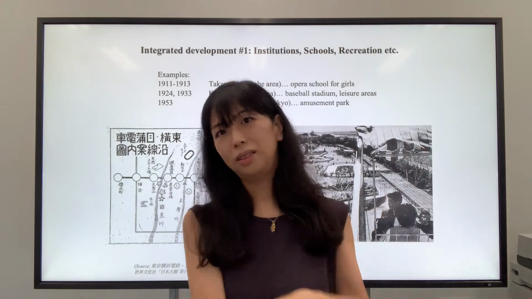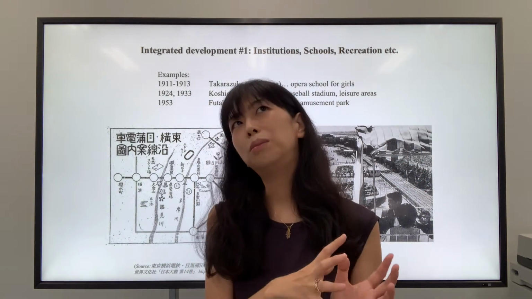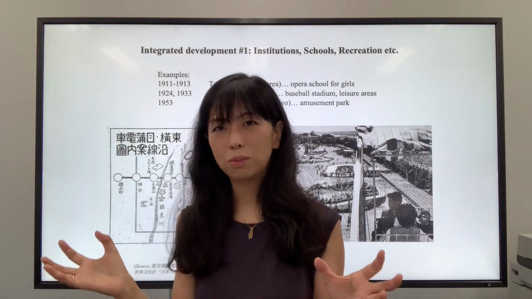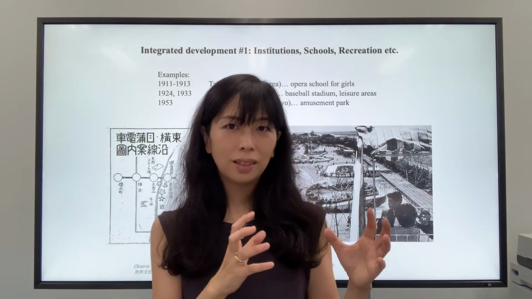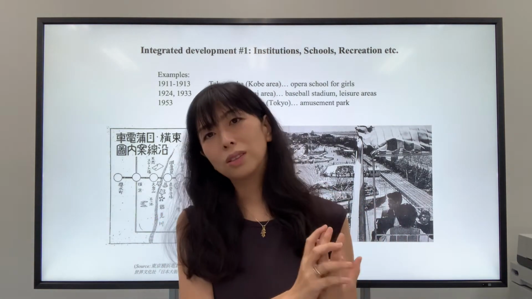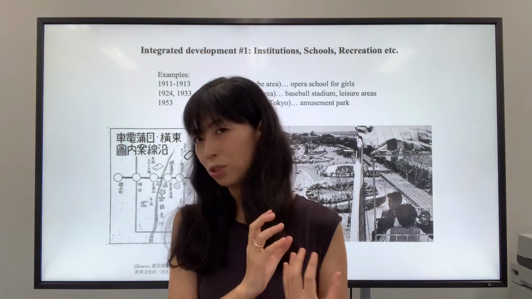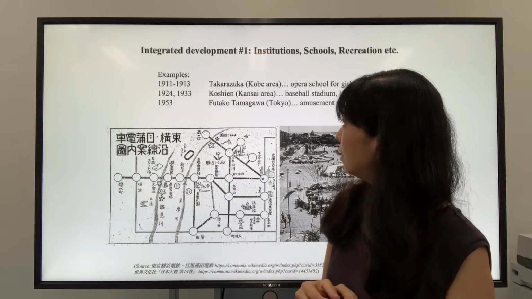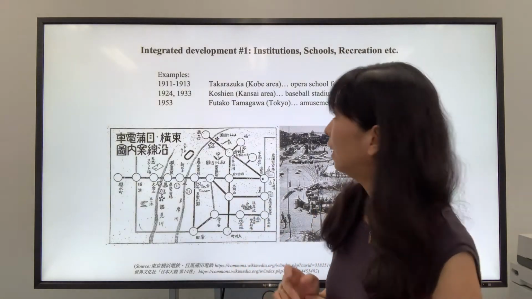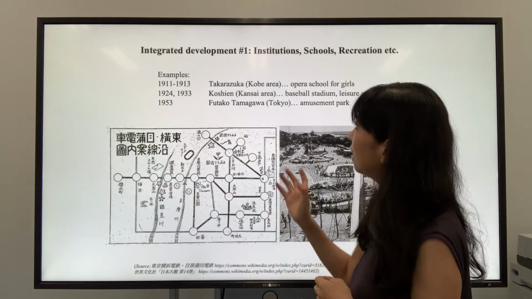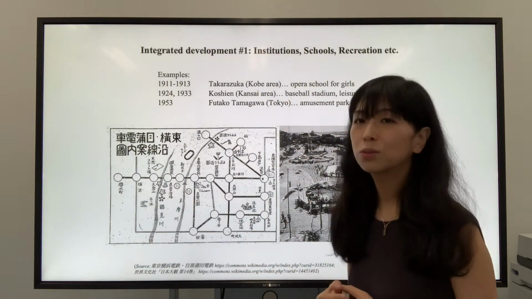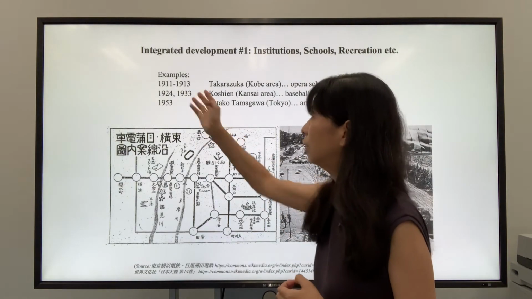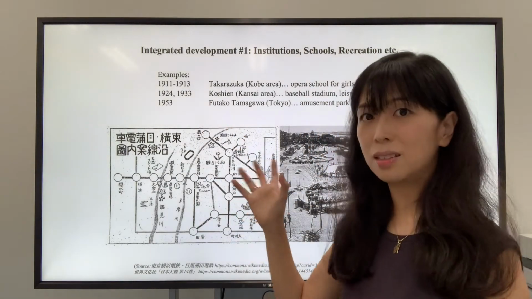They are in another city, maybe 500 kilometers away from Tokyo, but again a very important city for Japan. In the Kobe area, there is a city called Takarazuka, and there they opened an opera school for girls around 1911 to 1913.